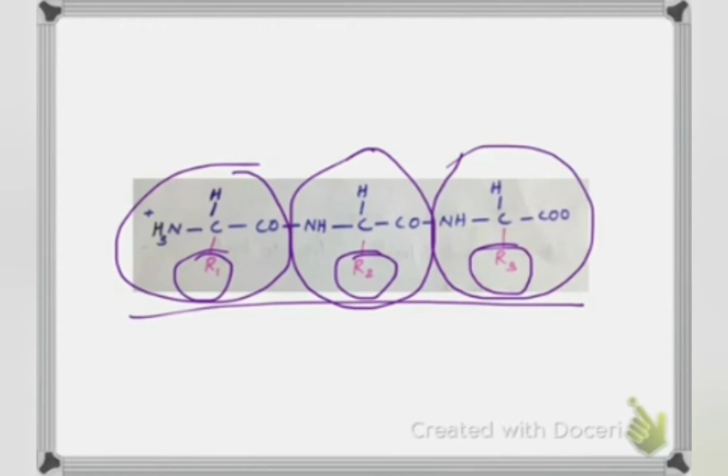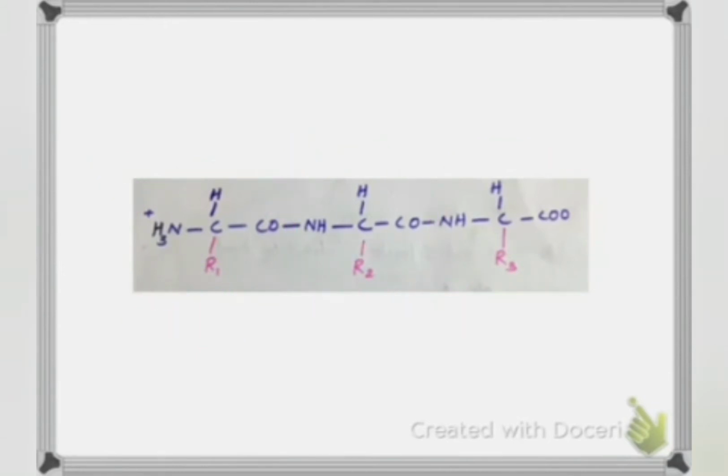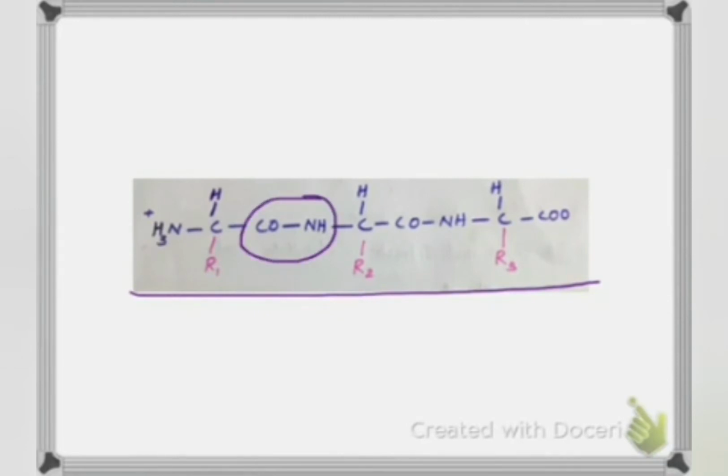Each amino acid contains the amino group, the carboxyl group and the alkyl group. In the primary structure, these amino acids are arranged in a linear sequence, and they are linked by the peptide bond.